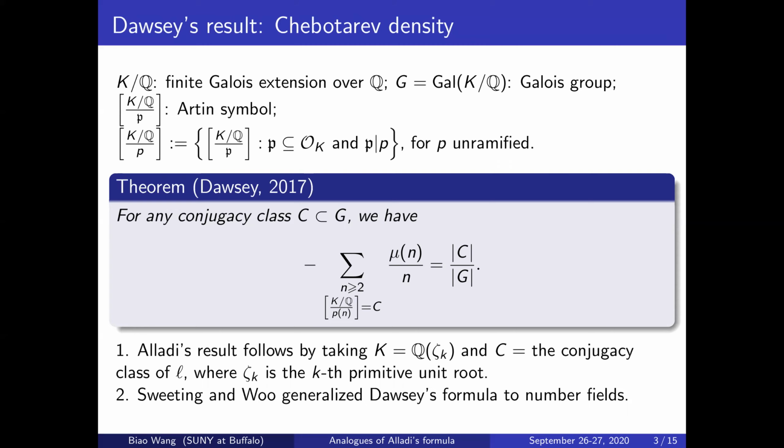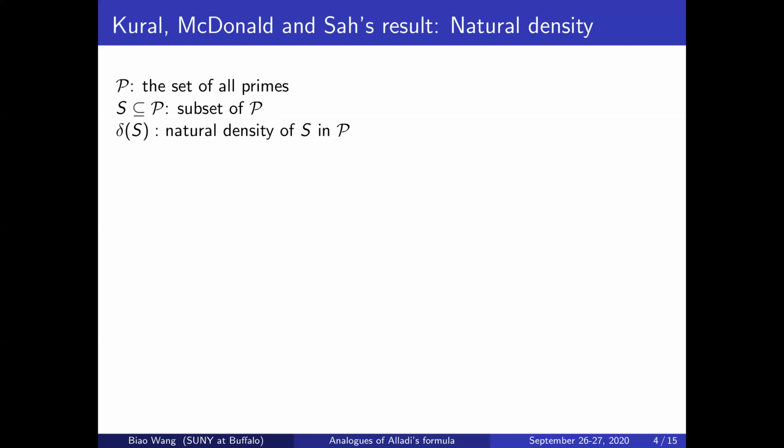Second, Sweeting and Woo generalized Dawson's formula to number fields. Okay, recently, Kural, McDonald and Sah generalized all those results to natural density. Let's look at what they proved.